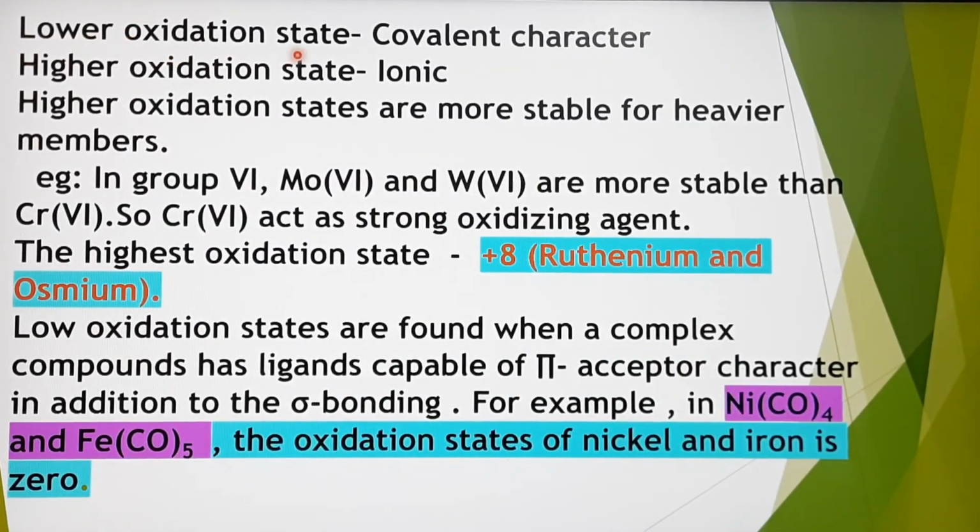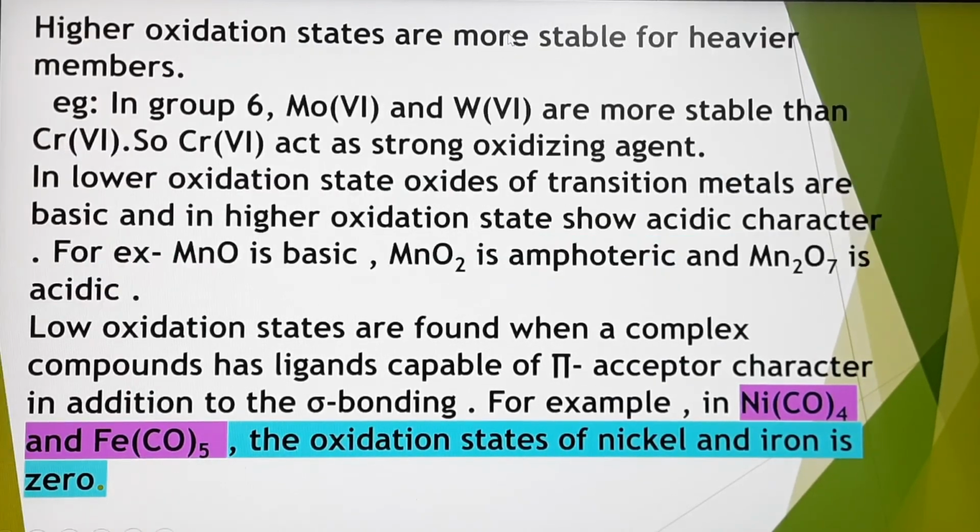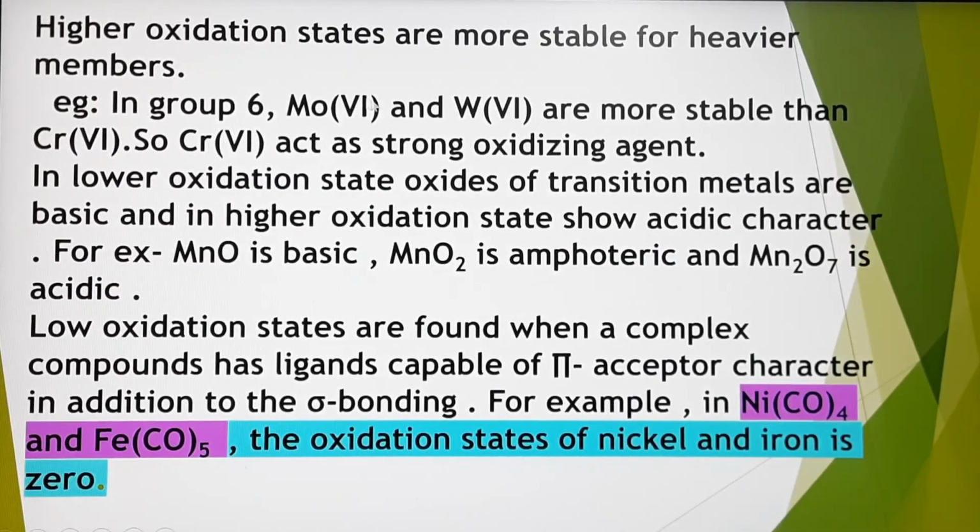Now, lower oxidation states show covalent character, the highest oxidation states show ionic character, and higher oxidation states are more stable in the case of heavier members.